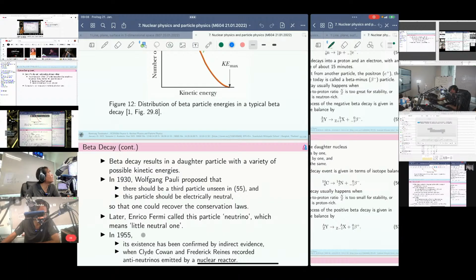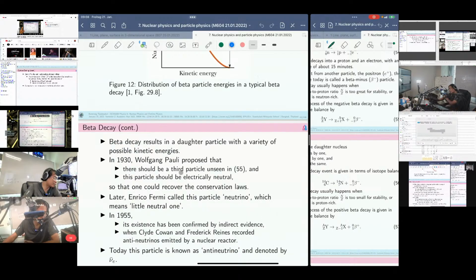After Wolfgang Pauli suggested that there should be an additional particle, Enrico Fermi said these particles should be called, because he lives in Italy, right? So he uses his language, Italian, every day.